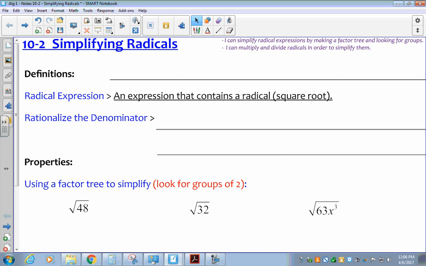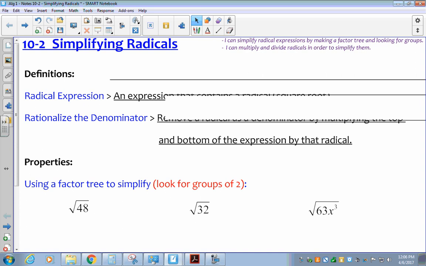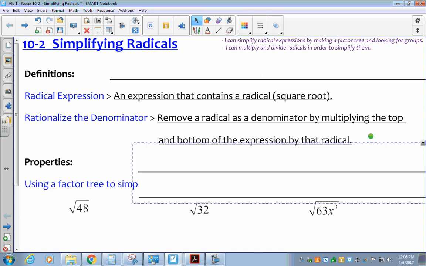Okay, so let's see what rationalizing the denominator is. Just like in science, we don't really have a good reason that everybody doesn't use the metric system.